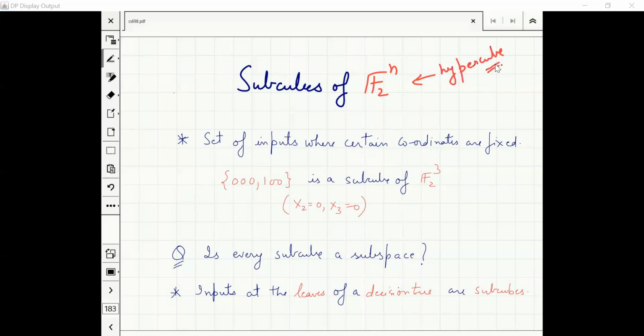What is a subcube? A subcube is a set of inputs where certain coordinates are fixed. Every input is x1, x2, ..., xn. You pick a subset, let's say x2 and x3, and pick x2 equal to 0, x3 equal to 0. All the inputs which satisfy this will form a subcube.